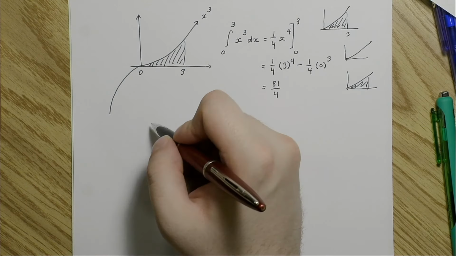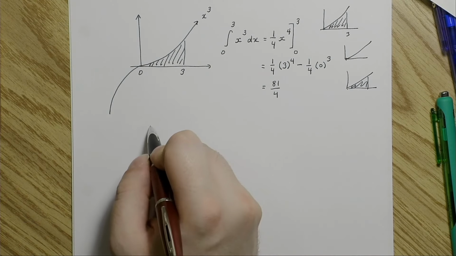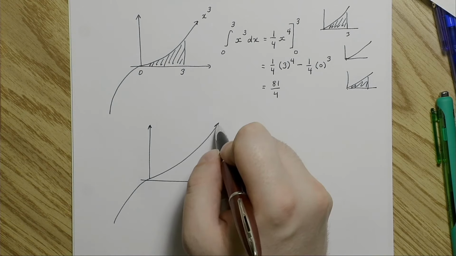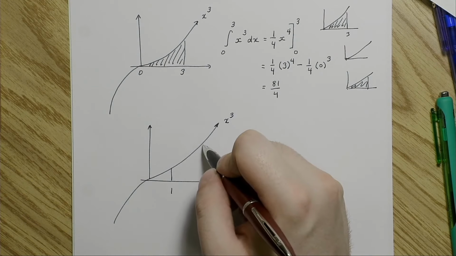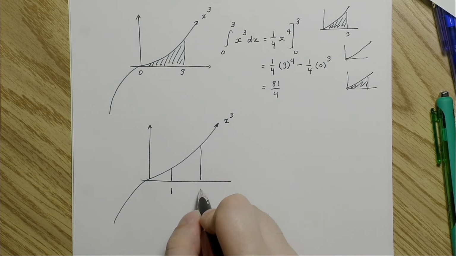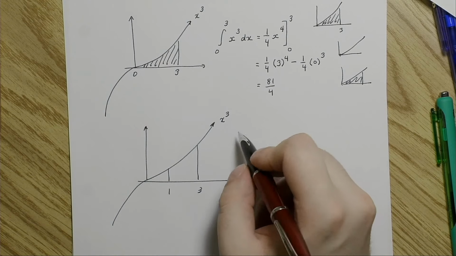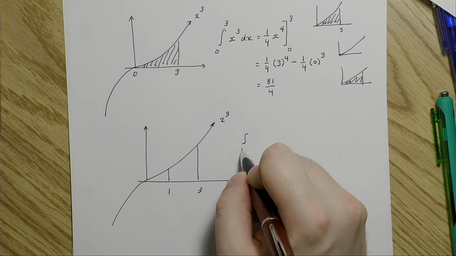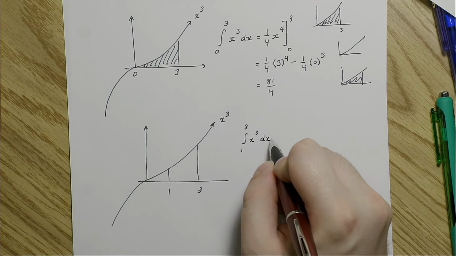Maybe I should try one more just to illustrate that. So I'll do x cubed again, but this time from 1 to 3. So I'm going from 1 to 3 of x cubed dx.